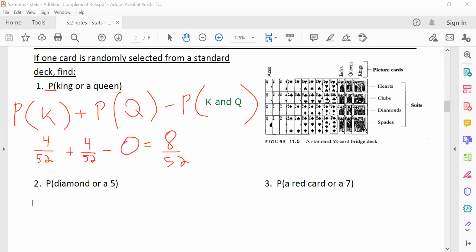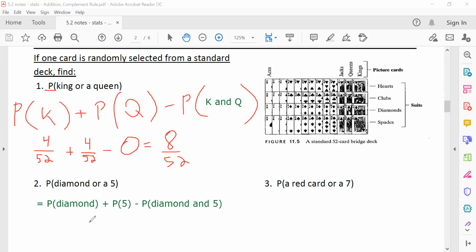The probability of getting a diamond or a 5, well, the word or is in there, so that's the probability of getting a diamond, plus the probability of getting a 5. This is sloppy notation, but it works. Minus the probability of getting both a diamond and a 5. So let's try each one of these individual things together.